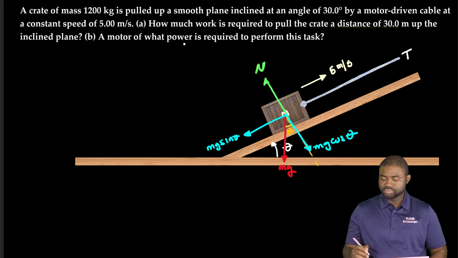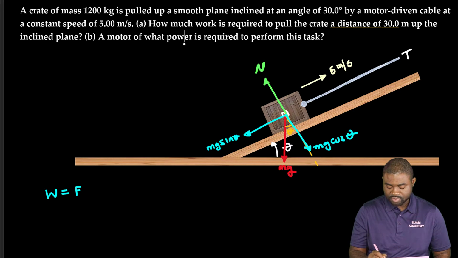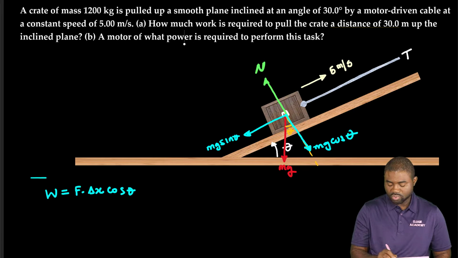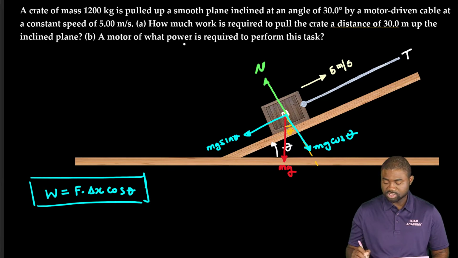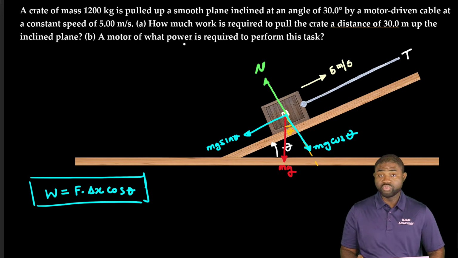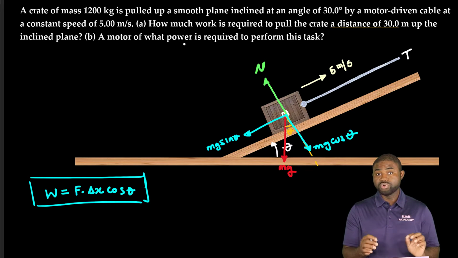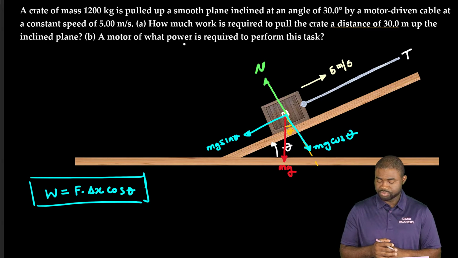By definition, remember that work is defined as F multiplied by the distance moved, delta x, cosine of theta, where theta is the angle between the applied force and the displacement of the point of application of the force.